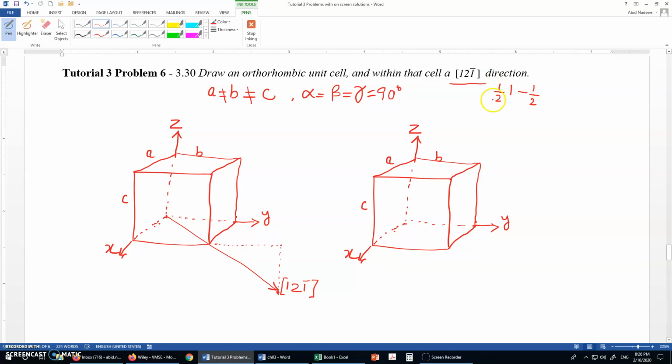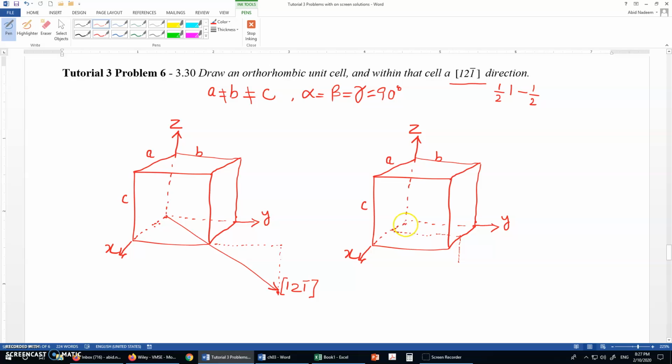So I need to show these directions over here. In this case, the direction line will not go outside of the boundaries of the unit cell. So this is another way of representing the same direction. The first coordinate is 1 by 2 along the x-axis, the second coordinate is a distance of 1 along the y-axis, and the third coordinate is a distance of -1 by 2 along the z-axis.